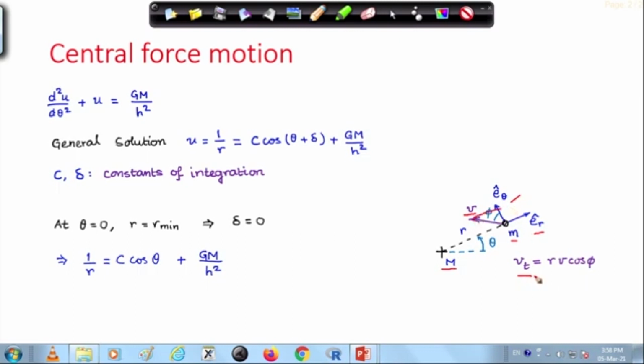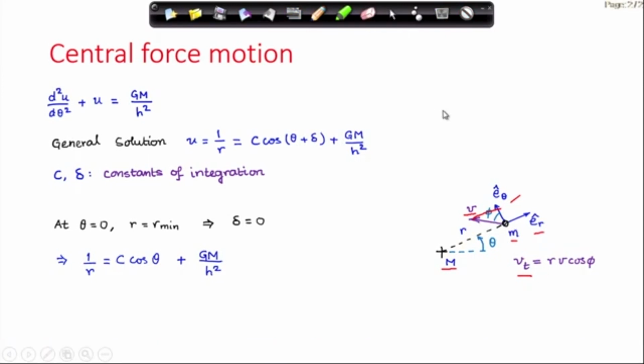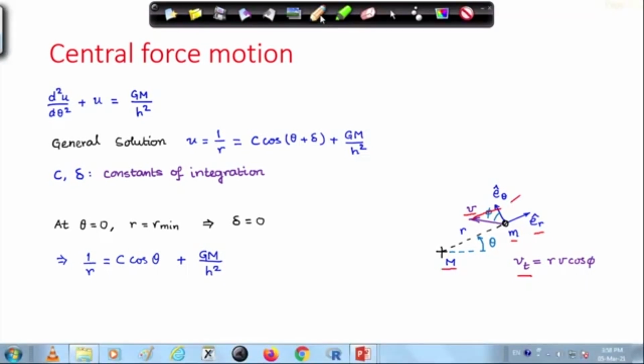So, the tangential velocity v t is v cos phi.